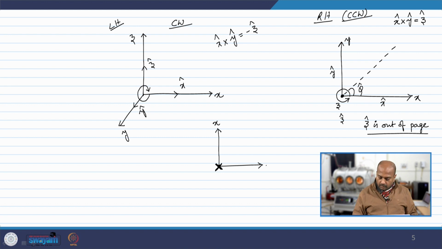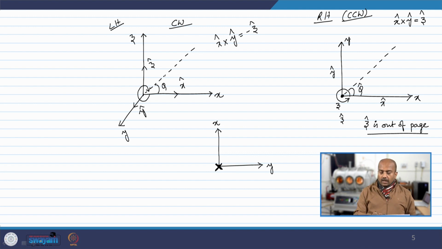Okay, so this is x, y, z. The z cap is going into the page. That is the basic idea, right? Now here again we define the value of phi with respect to the positive x-axis, right? So you know how it is defined, how the orientation is, right?